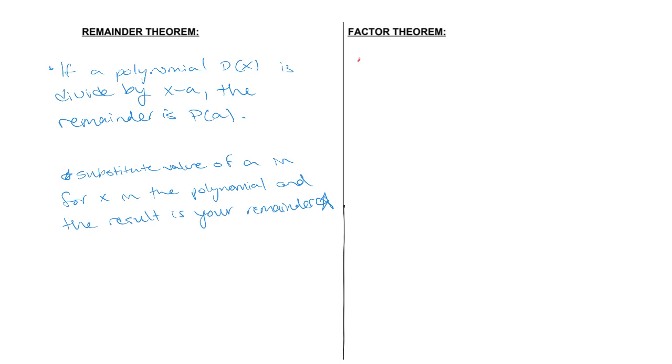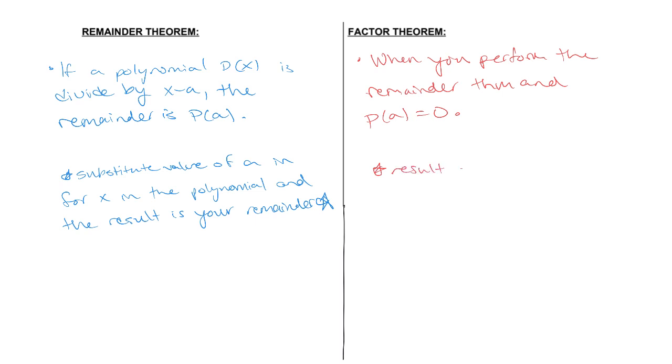Right, the factor theorem says when you perform the remainder theorem and p of a equals 0, right? So factor theorem means that you get a result equals 0.